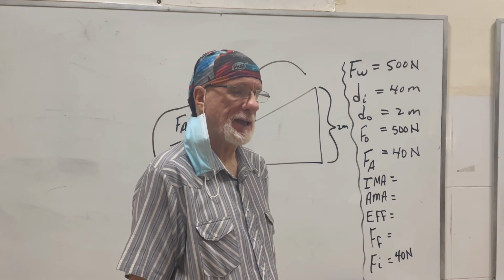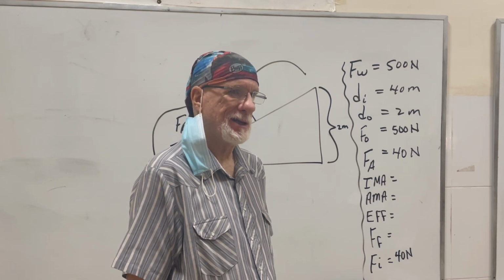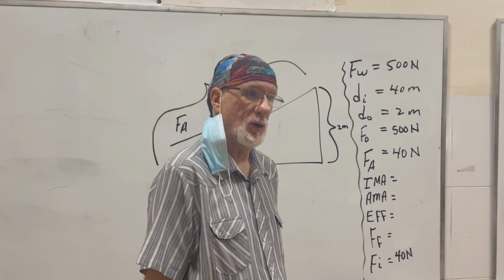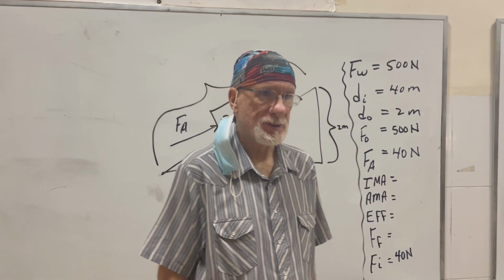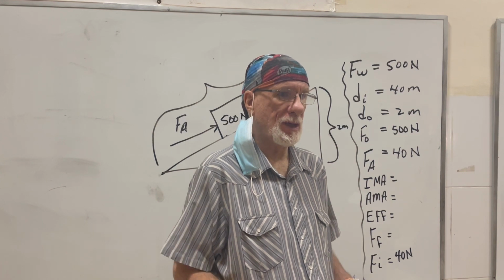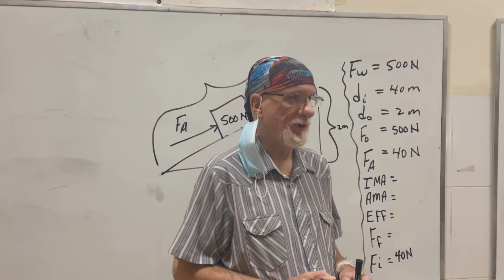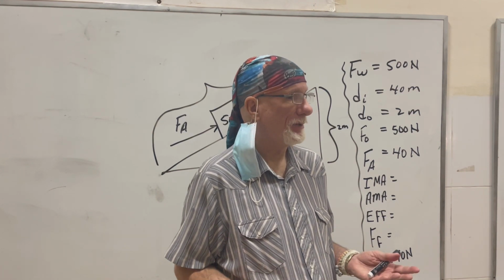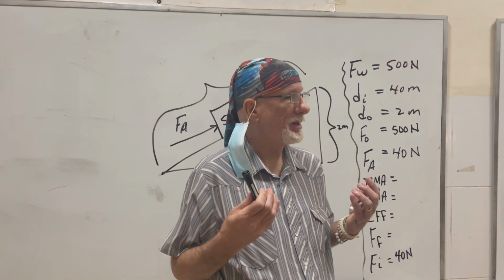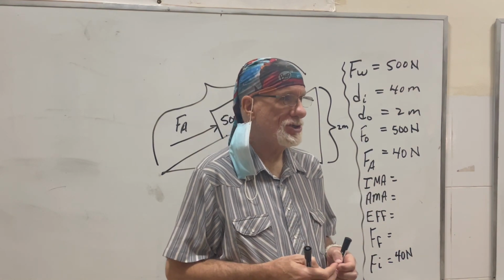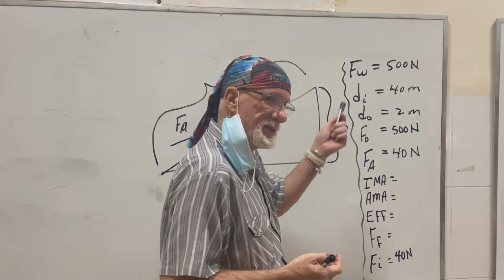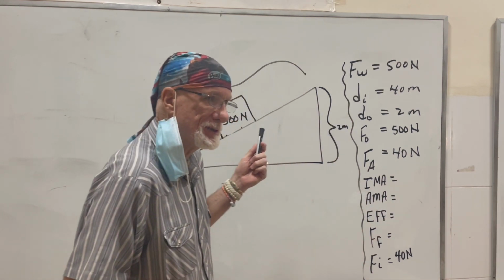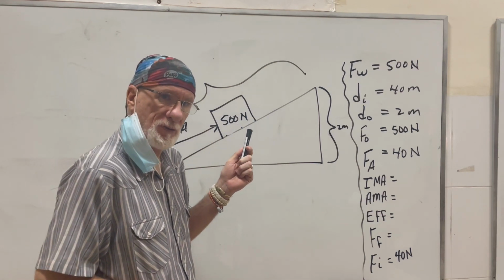Remember, the ideal mechanical advantage doesn't include any kind of friction or the possibility of friction. Yes? So what do you think the ideal mechanical advantage would be calculated using? It would be something that's a constant, that doesn't change. So wouldn't it be the distances? So it's going to be the larger over the smaller.